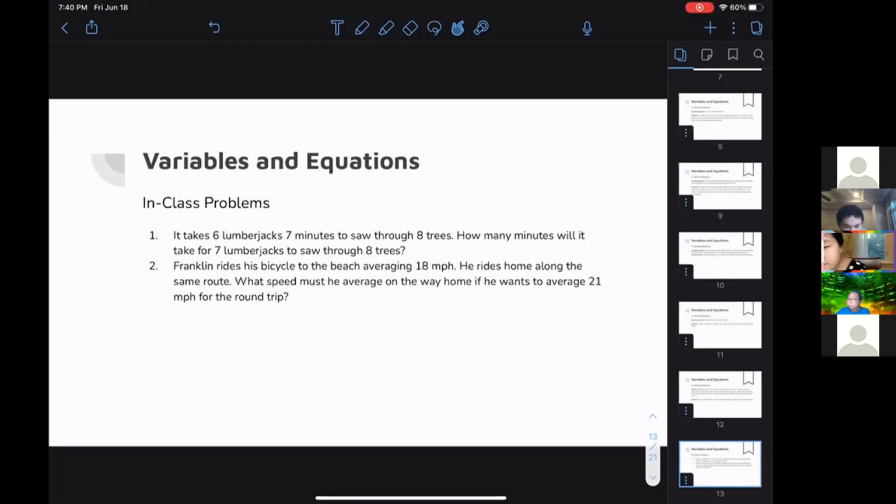Right, so I've seen a couple of answers for number 1 so far, but none for number 2, so maybe I'll give you 6 more minutes for both of these.